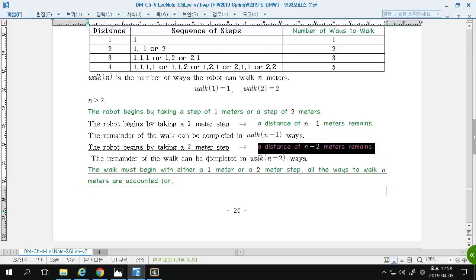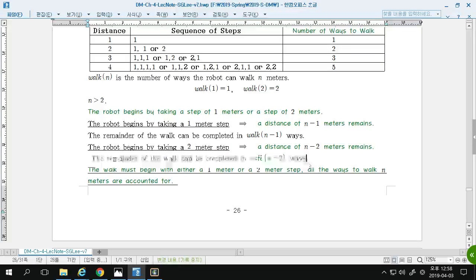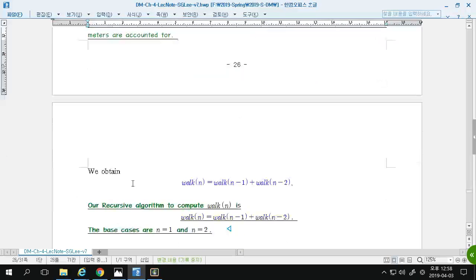So we can use the number of ways to reach n minus 2 meters by walk. The walk must begin with either a 1 meter or 2 meter step, so all the ways to walk n meters are accounted for with this.